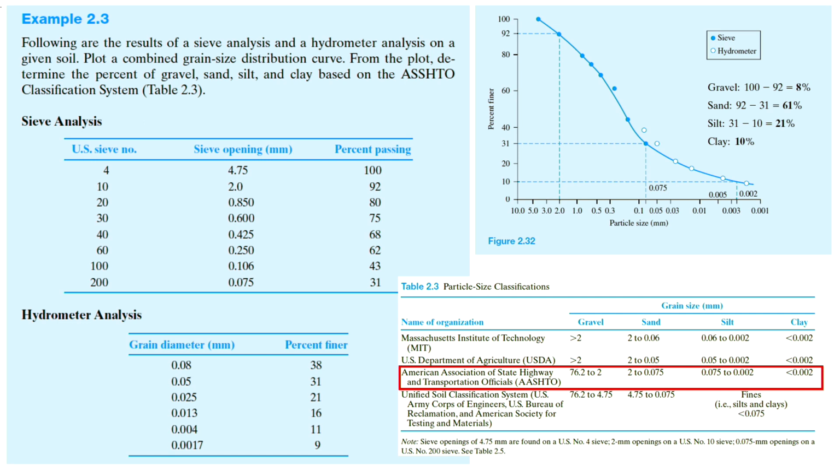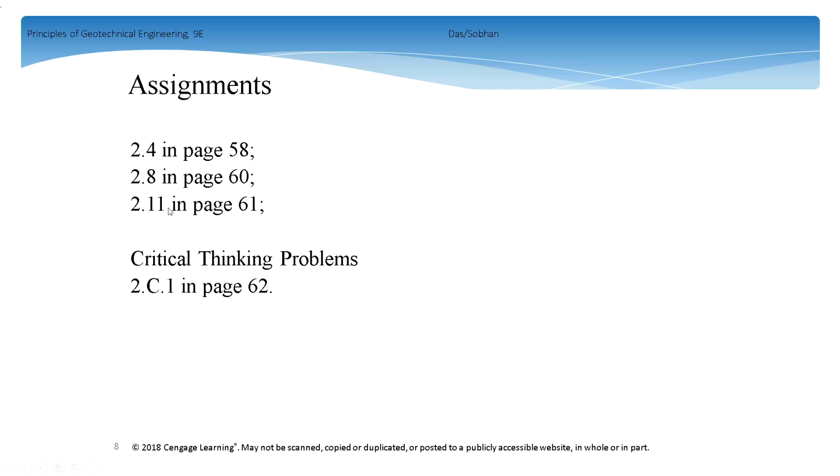We can also use a particle size distribution curve to define how much gravel, sand, silt, and clay there is in a soil. So this is how to do analysis with a particle size distribution curve. Then we finish this chapter.